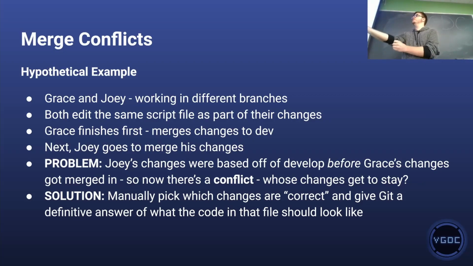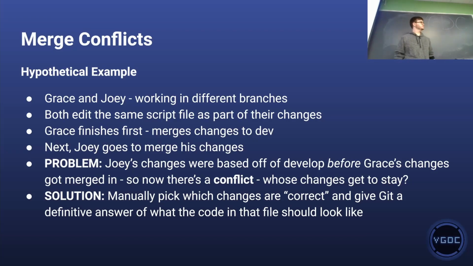So either you have to go in by hand and decide which one was right, or the solution is to utilize branches to avoid conflicts like this in the first place. And even if you use branches, you'll have to resolve this in the future, so it's good to think about how to prevent this from occurring.